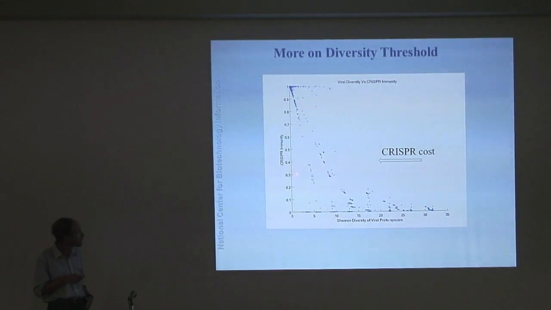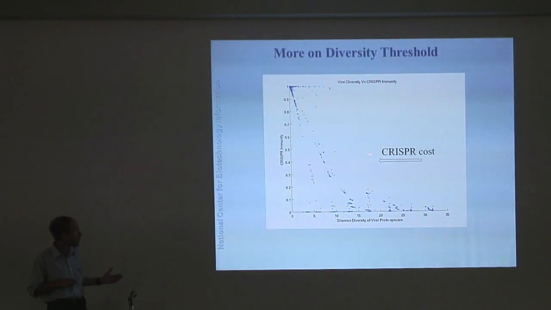So these different curves, different clouds of points here, in the space of the diversity of viral protospacers and the fraction of the immune hosts with immunity provided by CRISPR, go to 0 at a certain viral diversity.